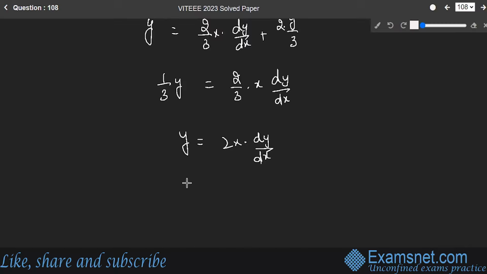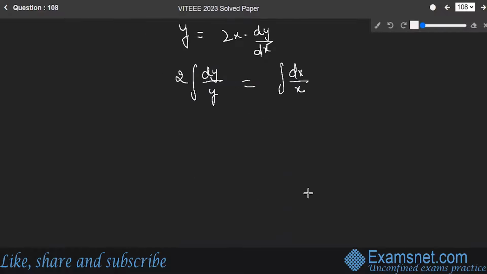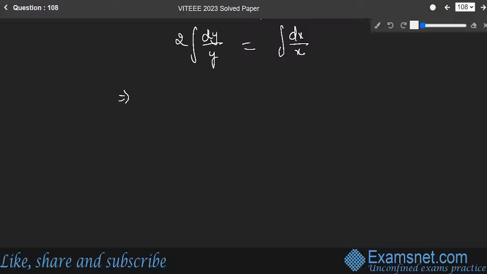All right. You can write it as 2 dy upon y equal to dx upon x. Let's find the integral. This is the integral for log. The integral is 2 log y equal to log x plus log c.